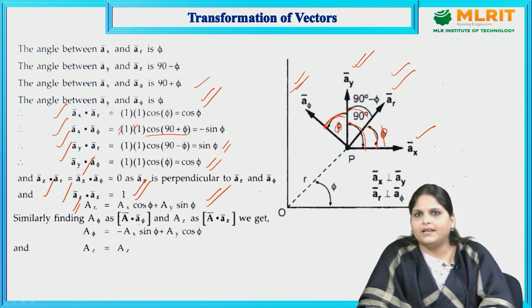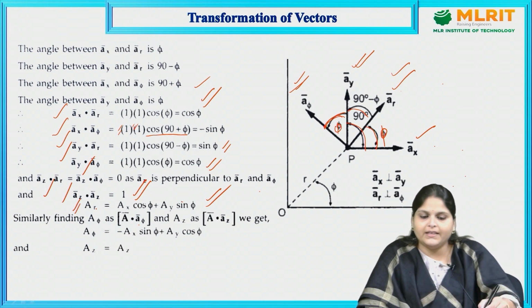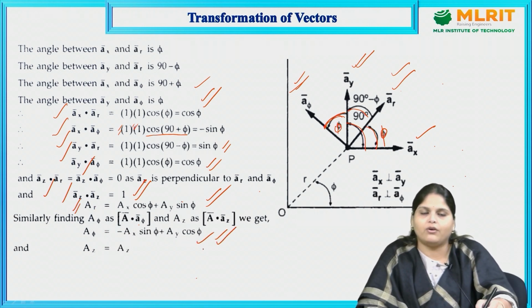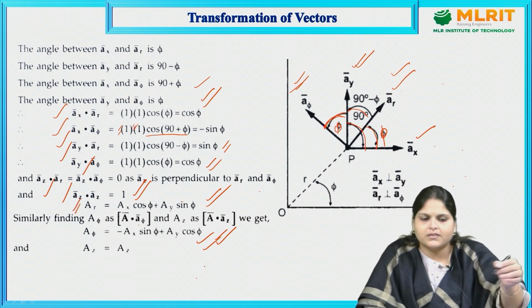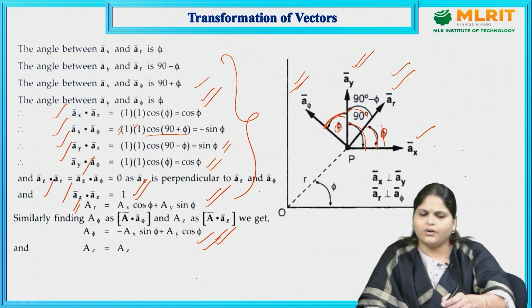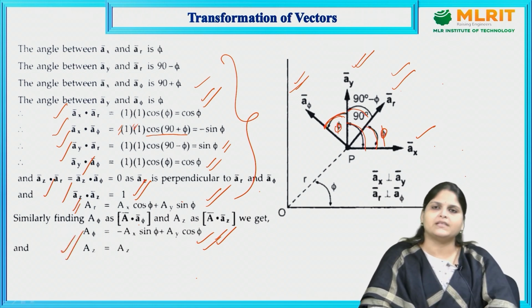Similarly, you can find A phi as A dot a phi and Az as A dot az. Here we get A phi equals minus Ax sin phi plus Ay cos phi. All these formulas we are writing by using these properties, and also Az will equal Az. That is common for both systems, right?